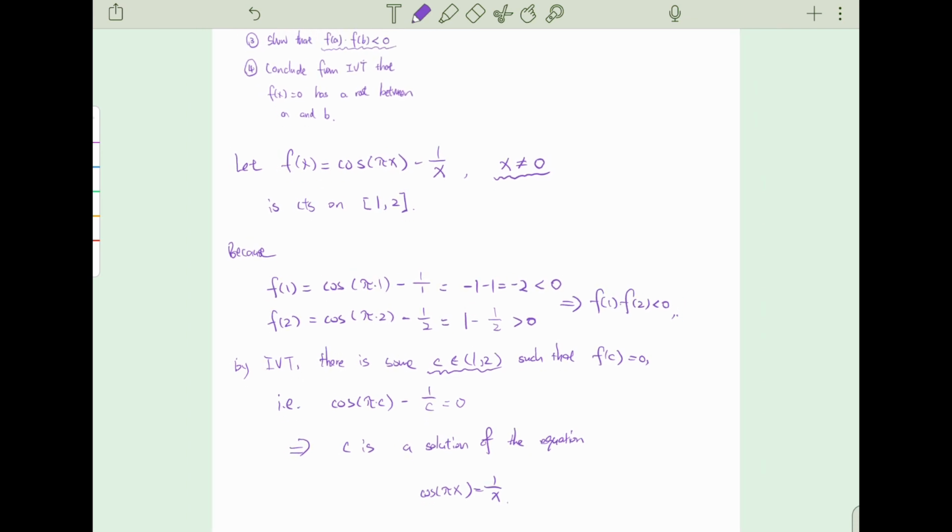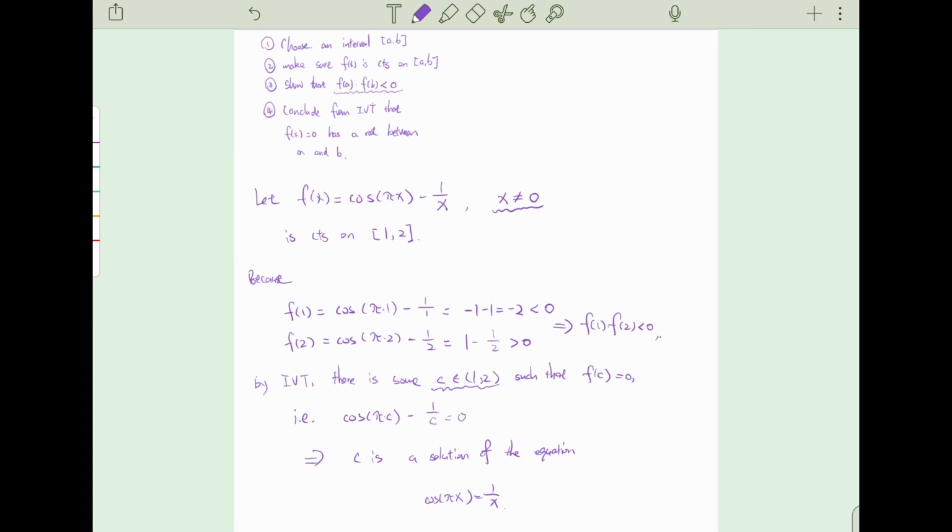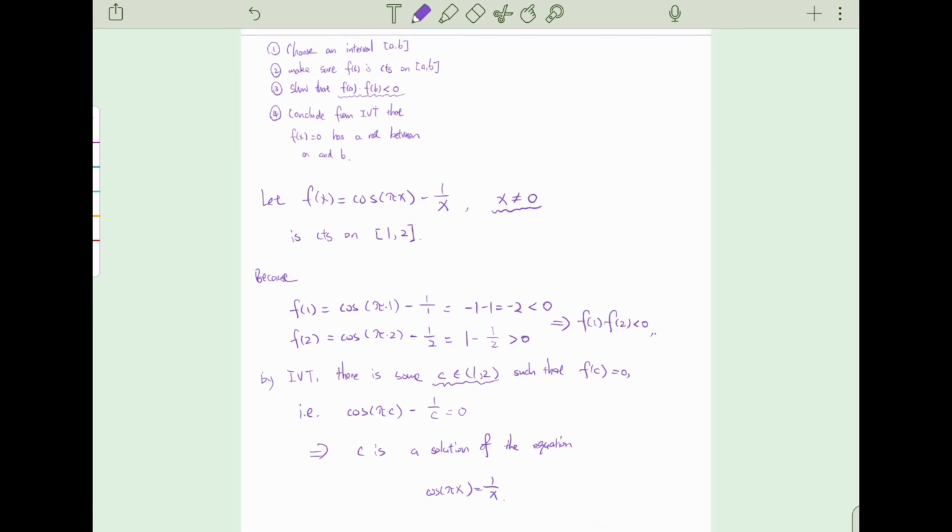And then we also follow these 4 steps to use the intermediate value theorem. We've chosen an interval that is 1, 2, right? Even though we didn't know this before we tried out these 2 points. And we also make sure the function is continuous, right?